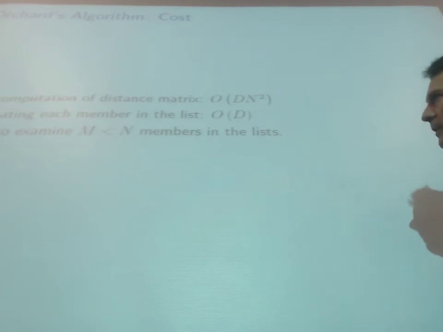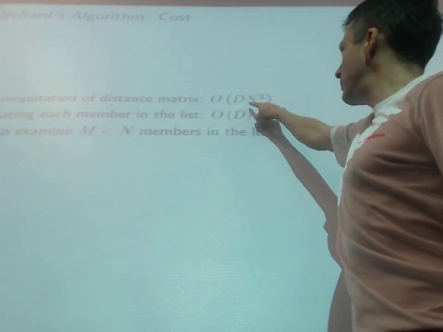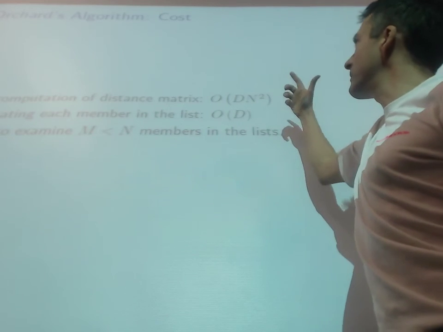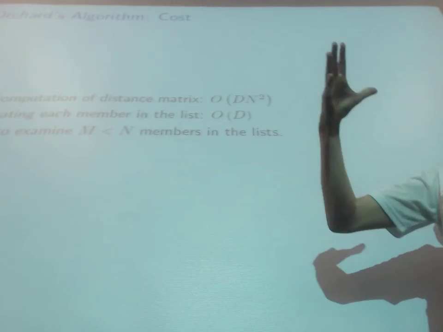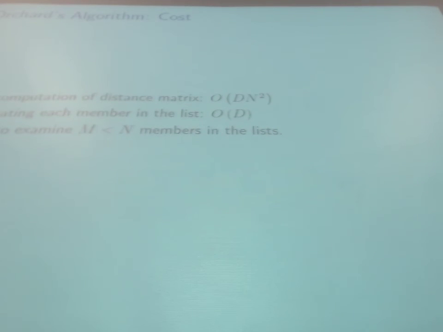I find that I have not completely understood all of the ramifications for the complexities of these algorithms yet, but very vaguely, we can see that this requires a pre-computation of the Euclidean distances, which is going to be order d n squared, because you've got to compute all these pairwise distances, and each distance takes order d.